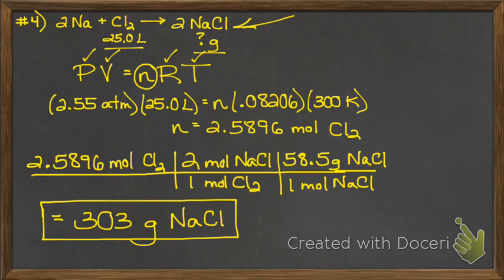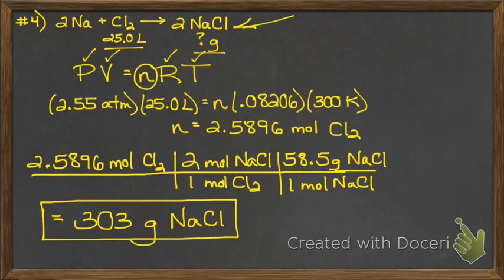We had to do stoichiometry first to get into moles of the gas, and then we could use PV equals nRT. In this problem in front of you, we had enough information about the gas that we only had 1 unknown, so I used the ideal gas law right away, and then I did stoichiometry to get to my unknown.